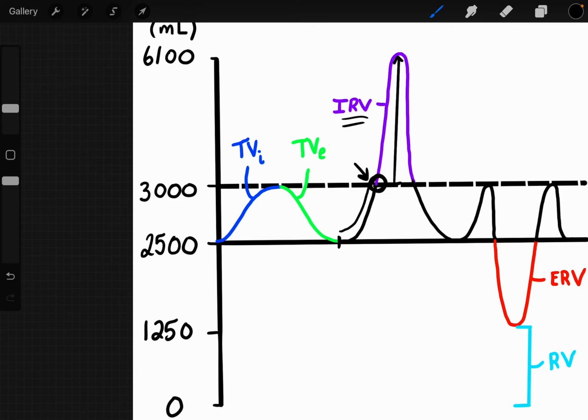That is, after you take a normal breath in, how much air can you take in after that? That's what they're measuring here. Inspiratory reserve volume: how much air can you take in after a normal breath in?